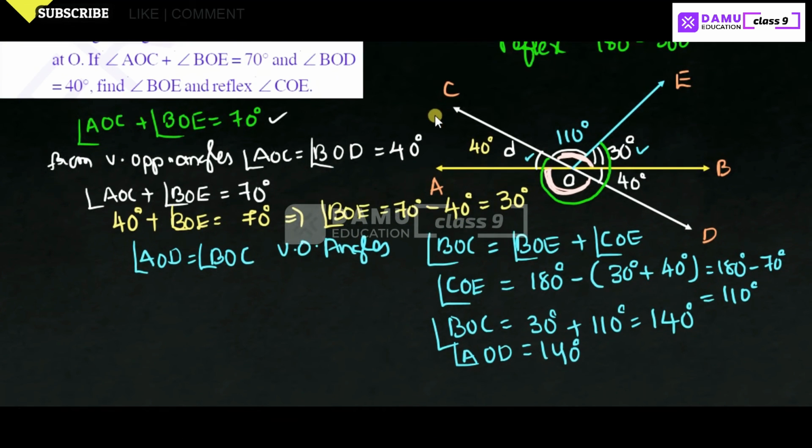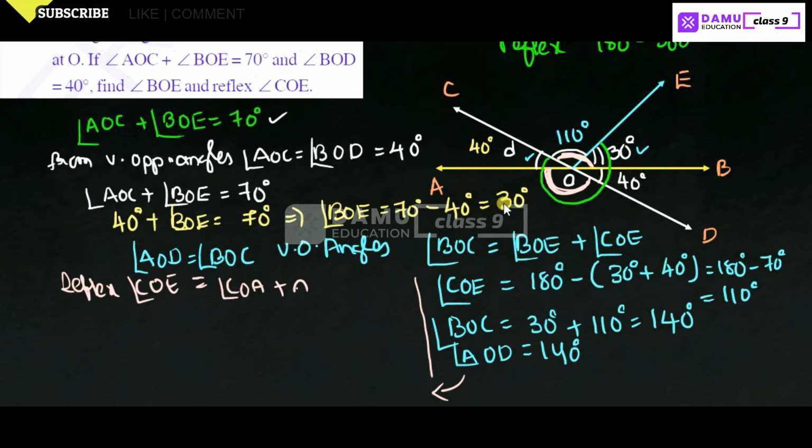Then we can add all these values. Angle AOD we have calculated, and for the reflex angle COE, reflex COE will be equal to the summation of COA plus AOD plus angle DOB plus angle BOE.